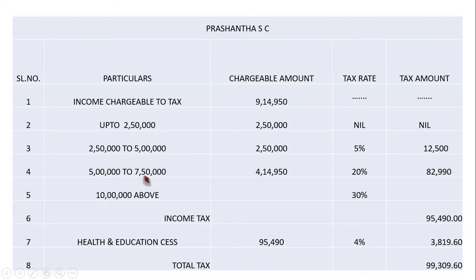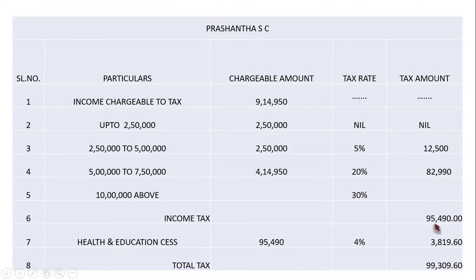So 5 lakh to 7,50,000, above 5 lakh, 20%. So 9,14,950 minus 5 lakh, 4,14,950 remaining balance. So 4,14,950 into 20 is 82,990.